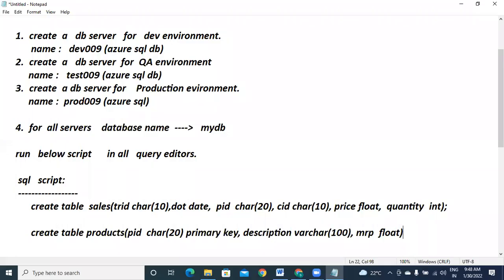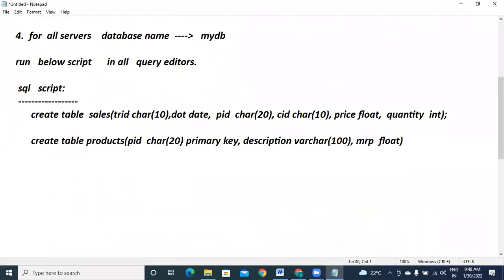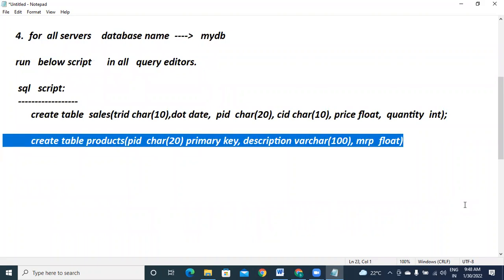Okay, only three fields I am taking for easy purpose: product ID, product description, and MRP, maximum retail price.